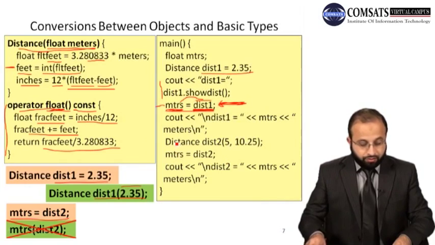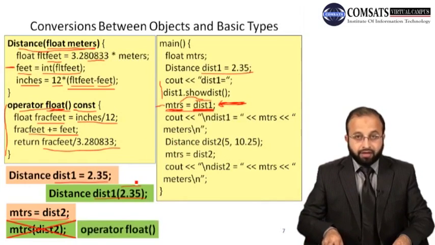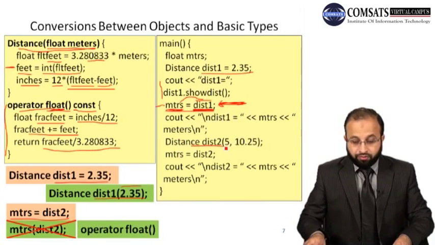Then here, so this will not be called, this is not possible, so that's why you write this function in the source object. So आप source object में ये function लिखेंगे, right? Then you create another object des2, right, and then you assign the value of des2 to mtrs. Here you are converting the distance object into the floating point object. ठीक है, आप floating point object में इसको convert कर रहे हैं, right?